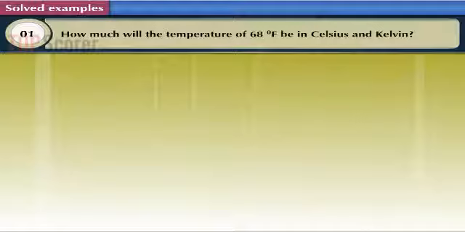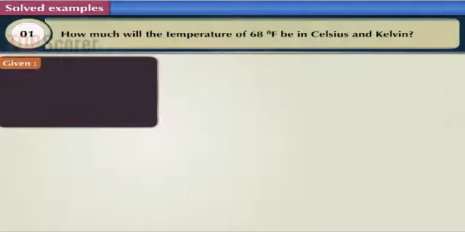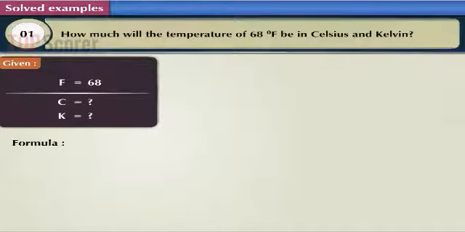Solved examples. 1. How much will the temperature of 68 degree Fahrenheit be in Celsius and Kelvin? Let us first note down the given information. Temperature in Fahrenheit, that is F, is equal to 68. We need to find out temperature in Celsius, that is C, and temperature in Kelvin, that is K. Let us first find out the temperature in degrees Celsius using formula (F minus 32) upon 9 is equal to C upon 5.